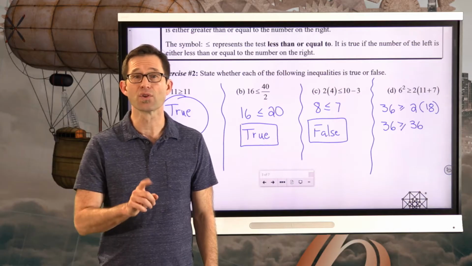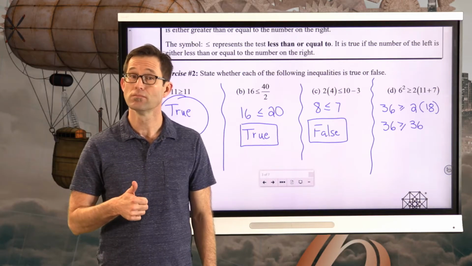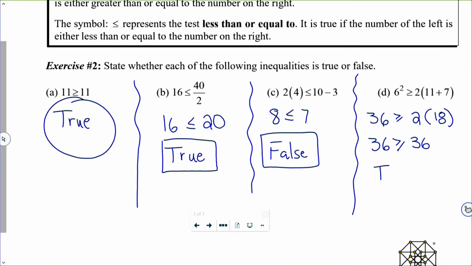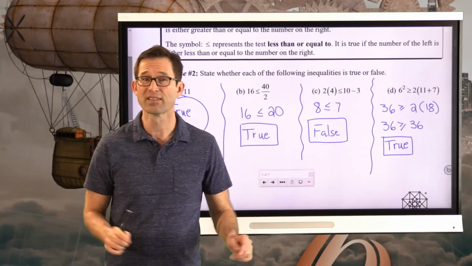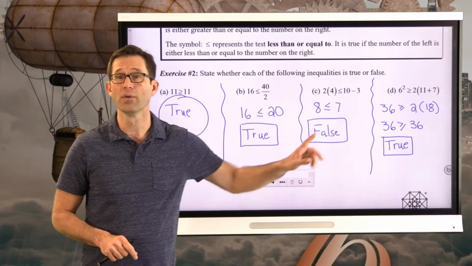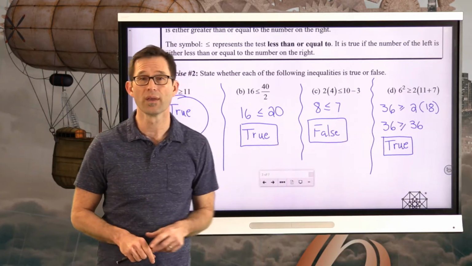Definitely not. Is 36 equal to 36? Yes. So that's true. It's got to be one of them. It's either got to be greater than or equal to. Can't be greater than and equal to. That's impossible. But it's got to be either greater than or equal to in this case, and since it's equal to, the answer is true.